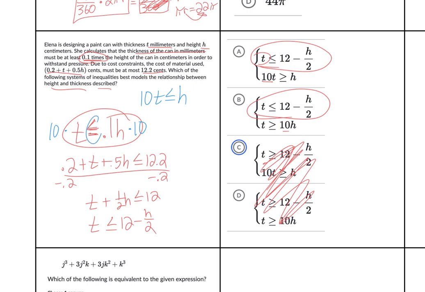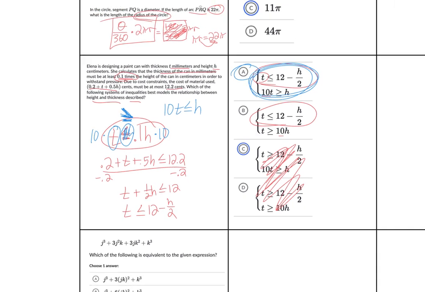So I'm going to reread and make sure I have my sign in the correct direction. Because at this point I would say it's probably A. So the thickness of the can in millimeters must be at least, that means it has to be greater than or equal to. Okay. So I did get that sign wrong, and my answer is A.